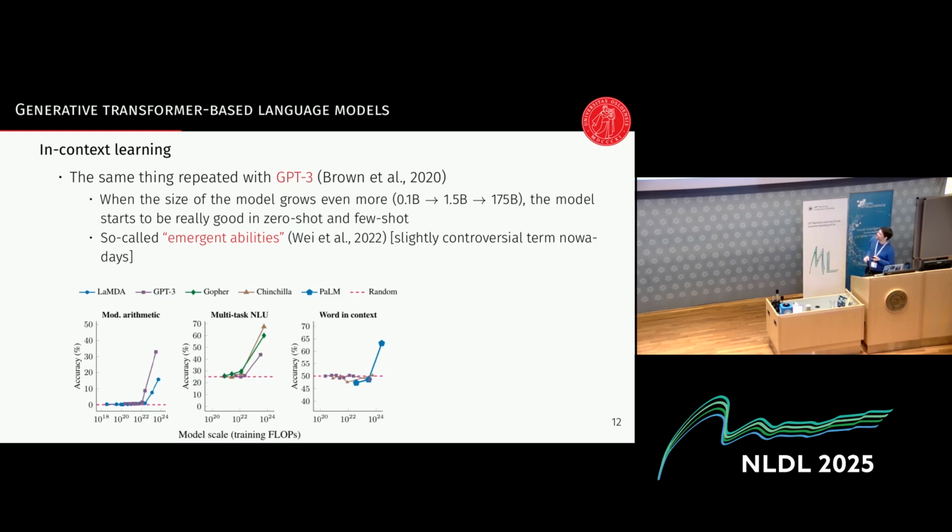That was introduced in 2022. Nowadays it is slightly controversial because it was shown that this paper was not done entirely correctly. But still, it's a term that you can hear a lot, and it is connected to in-context learning and to this sudden jump in performance.